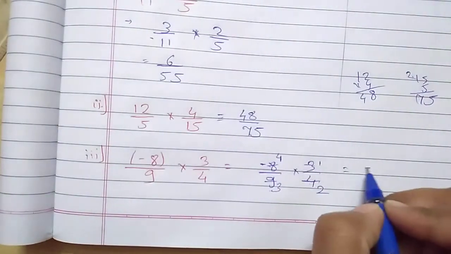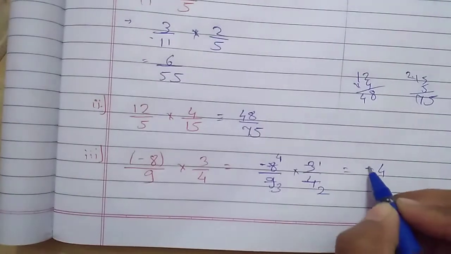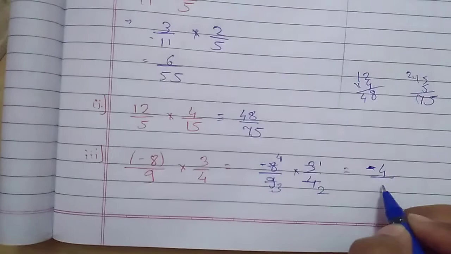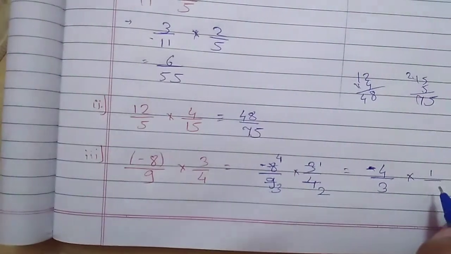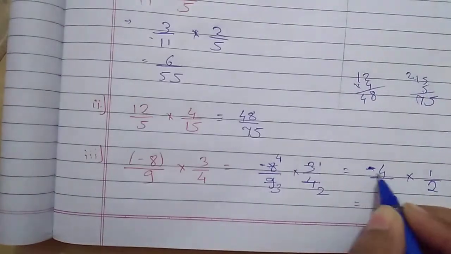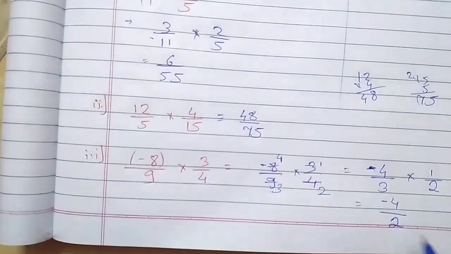Okay, this minus 4, here minus 4 upon 3 into 1 upon 2, here minus 4 into 1, minus 4, 3 twos are 6.